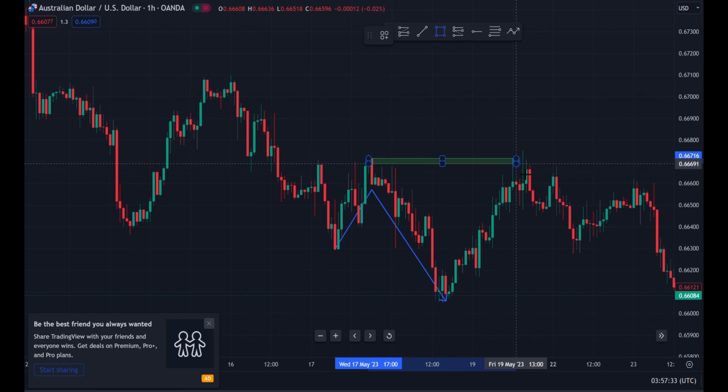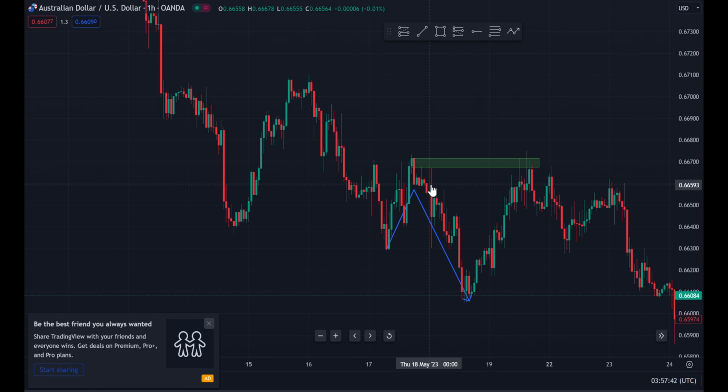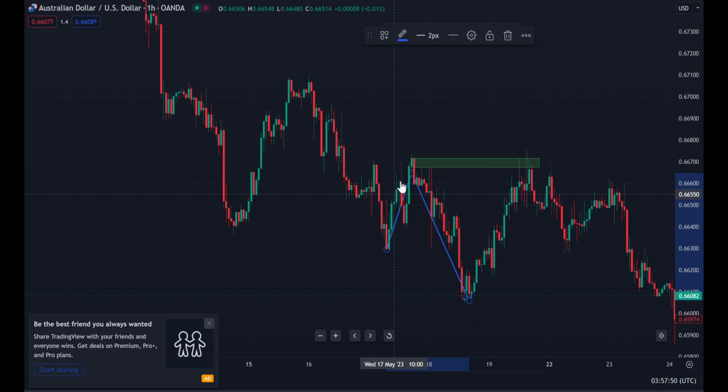The market came back, tapped into that zone, then started selling. Yeah, this is not a good one, so there's not much on it, because this first rally had some drops in it. So I want a good one that made the rally base drop.